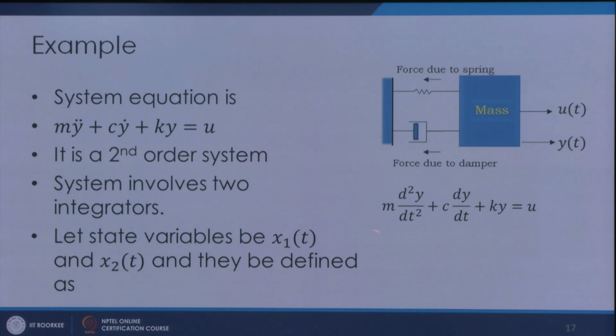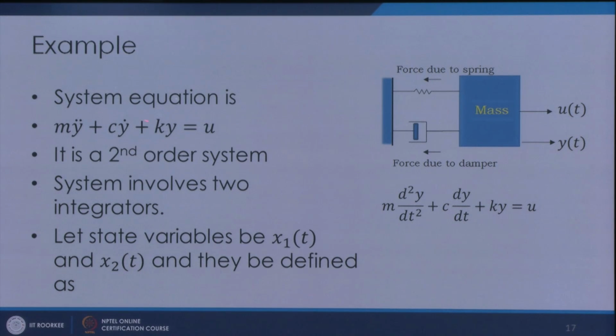We have seen the conventional way the system equation is given, and of course, all of us know how we did that. We drew the free body diagram for it and found all the unbalanced forces acting on this body, and then we equated those unbalanced forces to mass into acceleration and we got this equation: m d square y by dt square plus c dy by dt plus k y is equal to u.